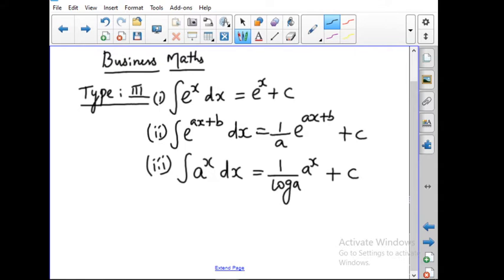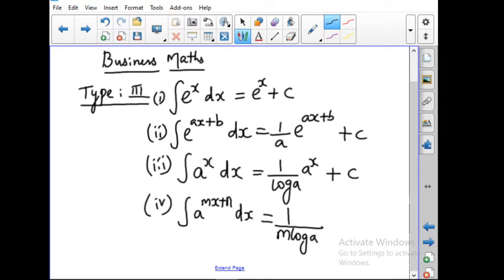And then the fourth formula, integral of a power mx plus n dx. Here we have the coefficient for x, so we have to divide by m: 1 by m log a into a power mx plus n plus c.